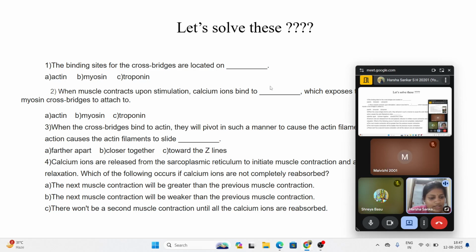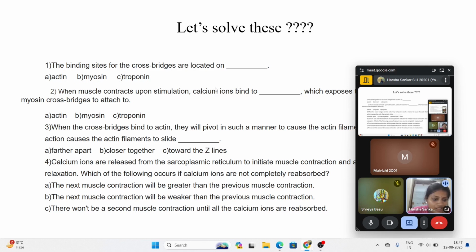Does anyone have any other answer, or do you support Shreya's answer? Yes, correct answer is actin only. Binding site for cross bridges are located on actin.